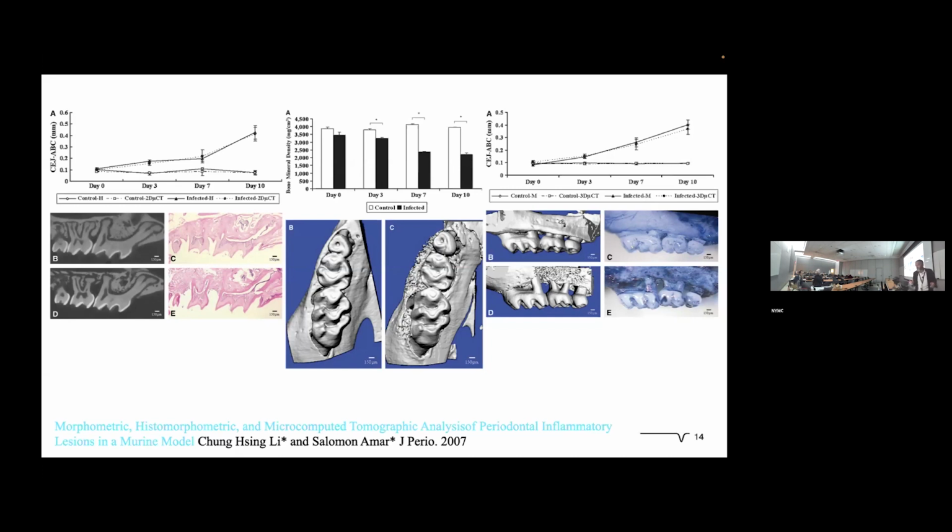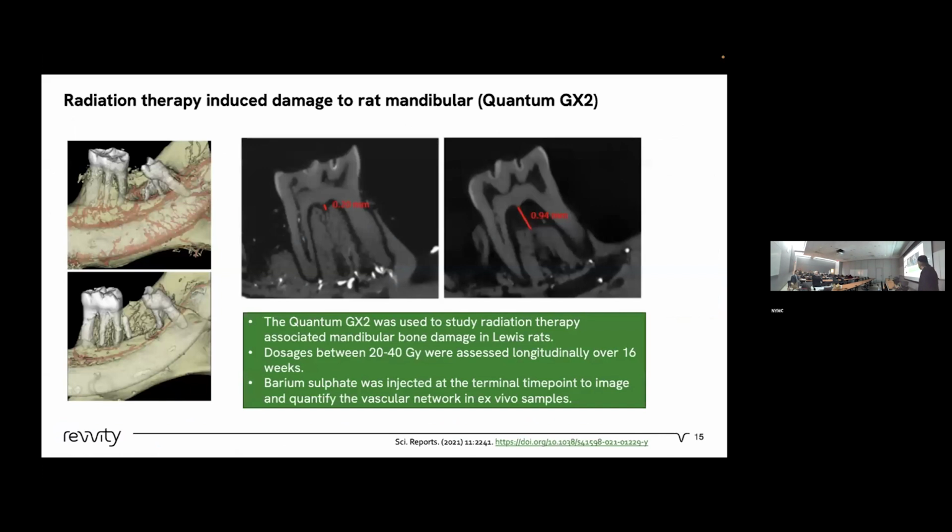The idea here is basically to determine how the bone loss is going to be measured. And you can see that the bone loss can be significantly measured, and it correlates extremely well with the histology or with the X-ray type of optical that we have over there.